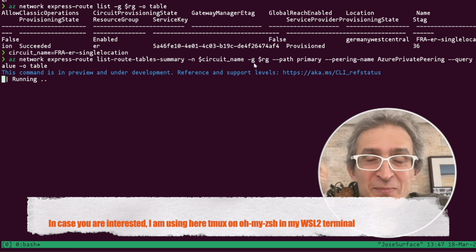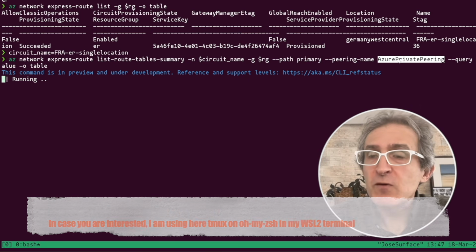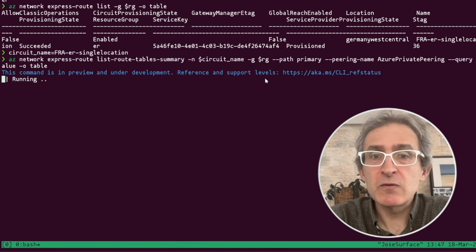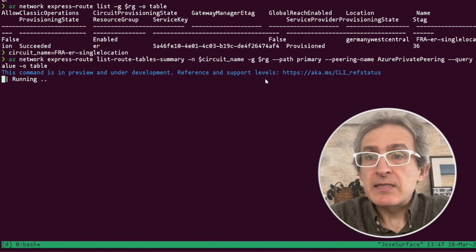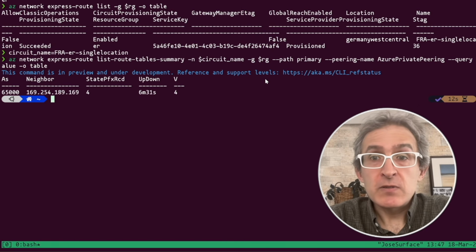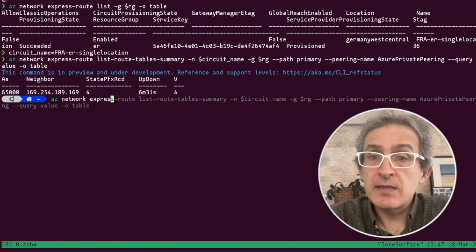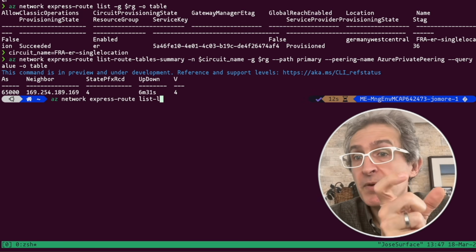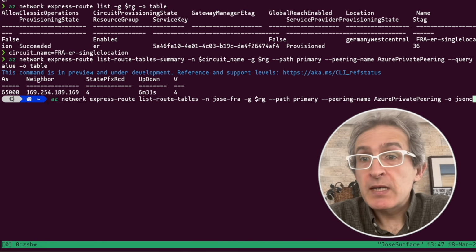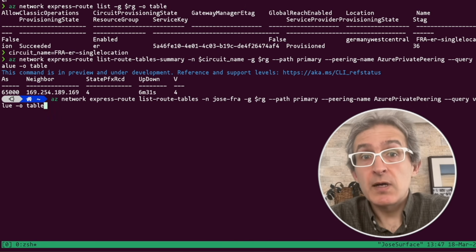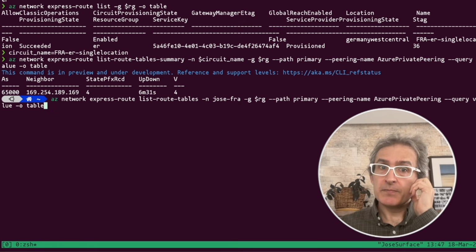Remember, this is the show IP BGP neighbor for those of you with experience with Cisco or Juniper. And this will show us that there's a single neighbor. In this case, we are doing it for the primary. You can as well replace in the command line primary for secondary. And then we can have a look at the routes, the show IP BGP table.